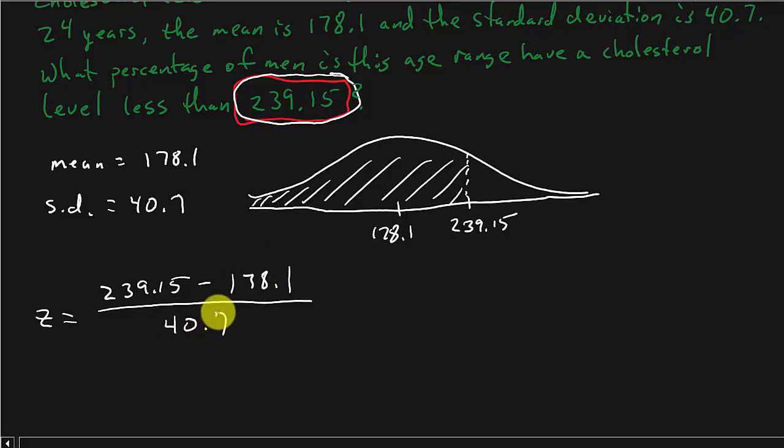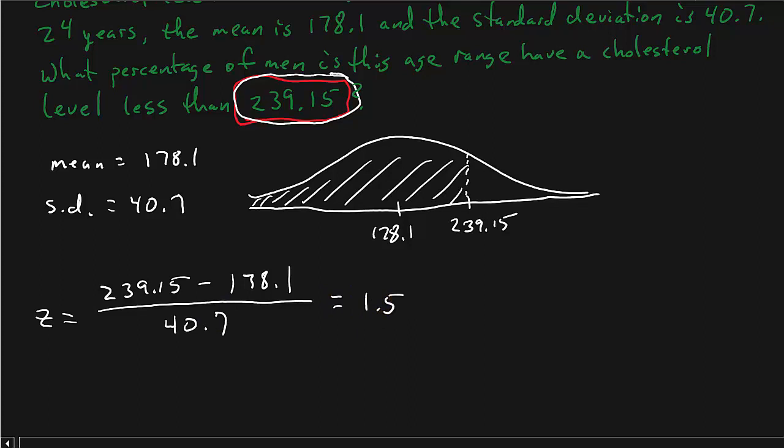Okay, so we did this in the previous video, converting to a z-score. That's nothing new. The only thing that we've learned new in this video is how to look the values up in the table. So we're just taking that, converting to a z-score, and looking it up in the table. We're just combining that into one problem. That's all you're doing. Okay, and when you calculate this z-score, you get 1.5.